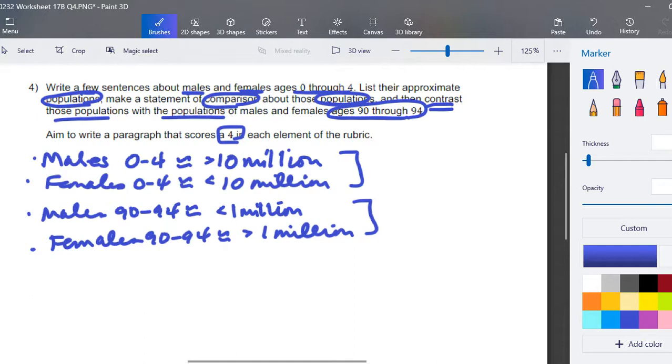One thing we can notice is that males had more in this age bracket and males have less in this age bracket. So something we might note is that the populations switched.